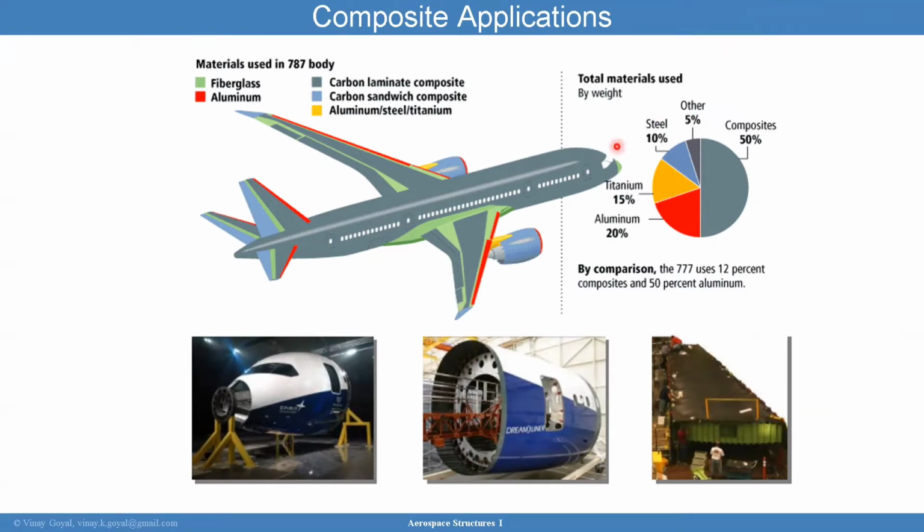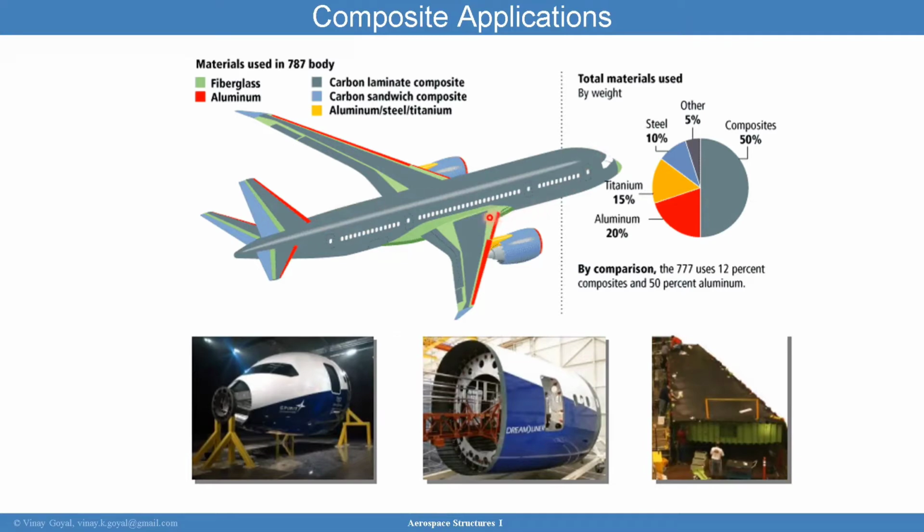I also want to point out the materials for the 787 here. So the composites applications, you're going to see composites have increased significantly in aircraft, launch vehicle, and spacecraft design. And you can see here that the majority of this body is carbon laminated composites.